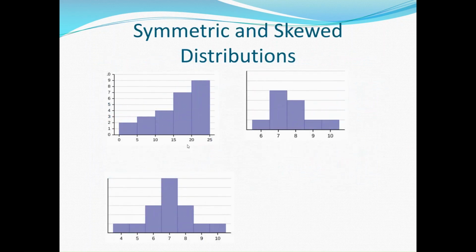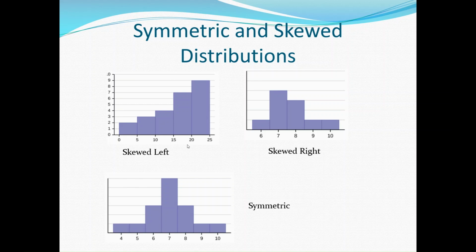Now, when we describe these histograms, we like to describe them as symmetric or left or right skewed. There's a couple other words we use, but these are very common words to help us describe a distribution or histogram.